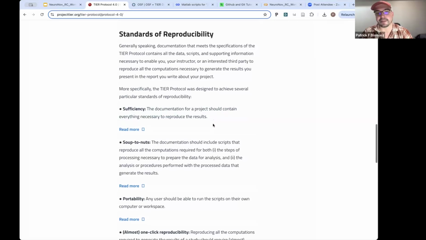And I think we have a ton of different frameworks for that. It doesn't have to be the TIER protocol, but we do want to make it easy for people to navigate. The easiest way to enable that is to have one centralized approach for thinking about project management, at least at a fundamental level, so that people aren't guessing, as you move into new contexts, how or where they should be looking for things.